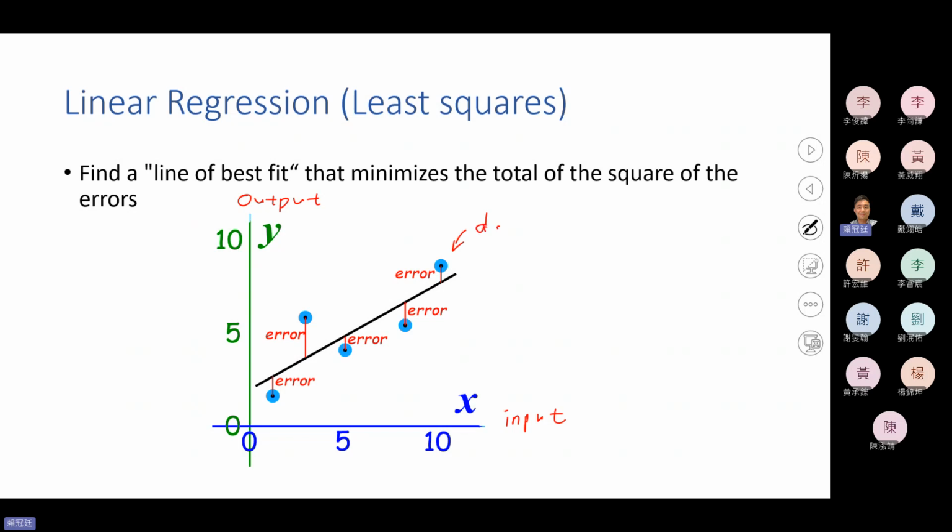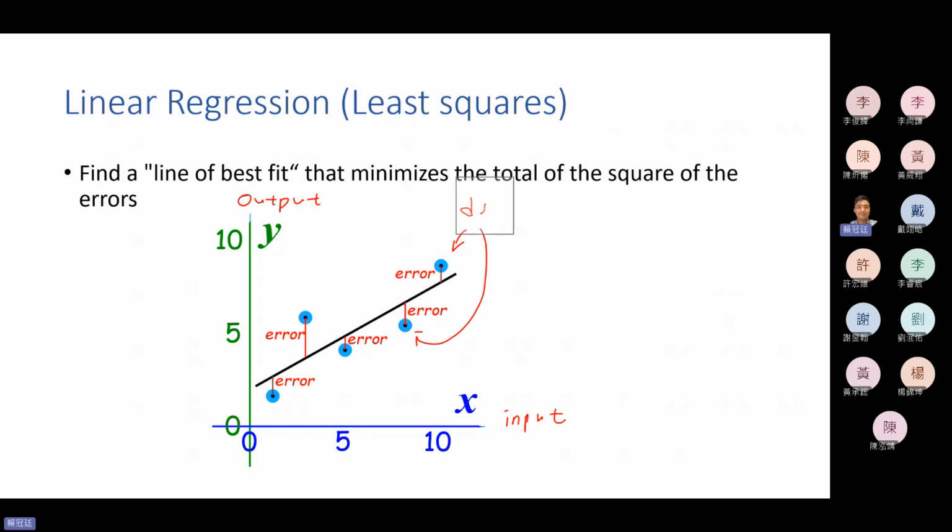I think my pen is not as good as I expected. Try another one. I should use the blue color for the data points, the sample points.